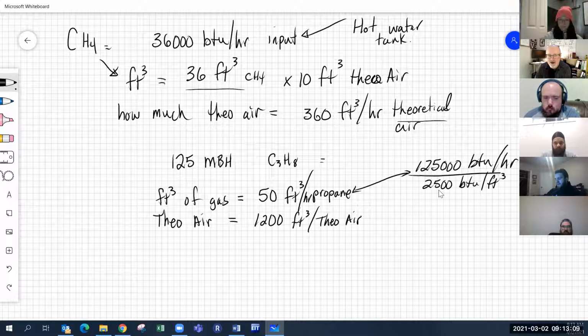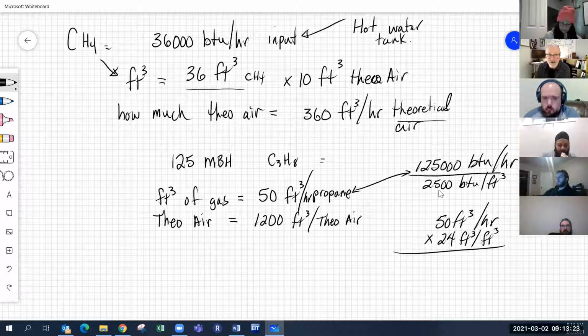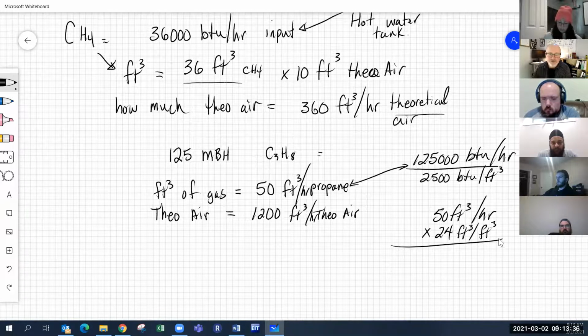And then we take our 50 cubic feet per hour of gas and we multiply that by 24 cubic feet per cubic foot, and then I get my air of 1,200 cubic feet of theo air per hour. Yeah, perfect. Okay, you guys are doing good so far.